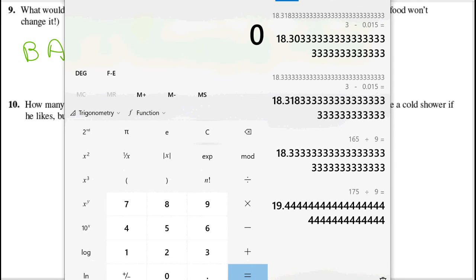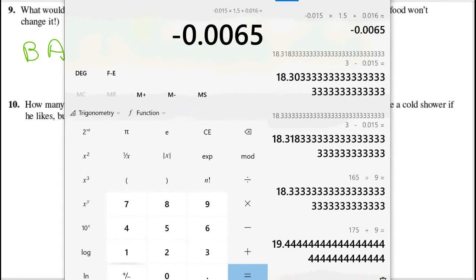It's another problem people have with calculators. So I do 0.015, then I push the plus minus button down here, and I say times 1.5 plus 0.016. And oops.